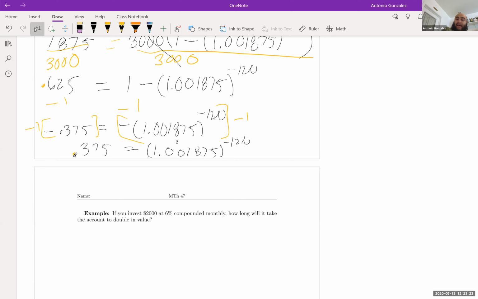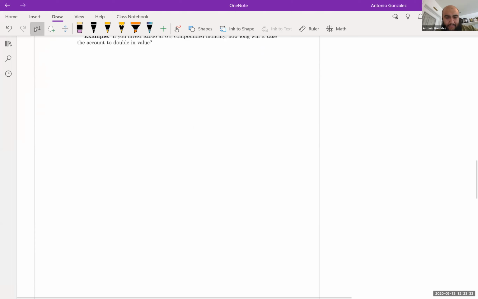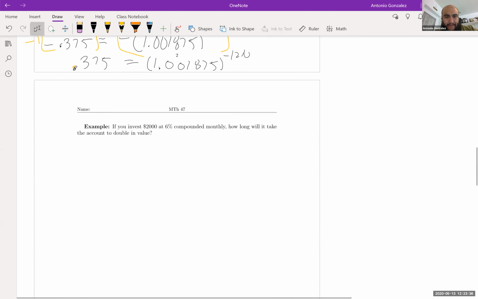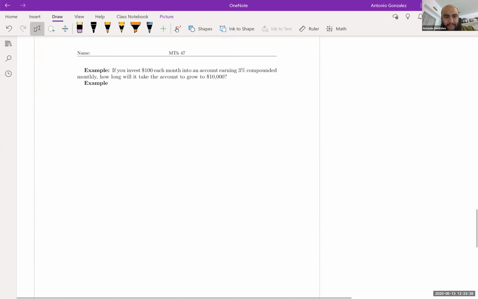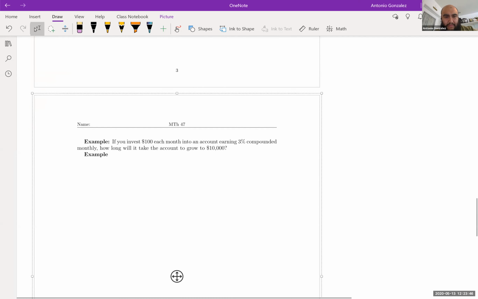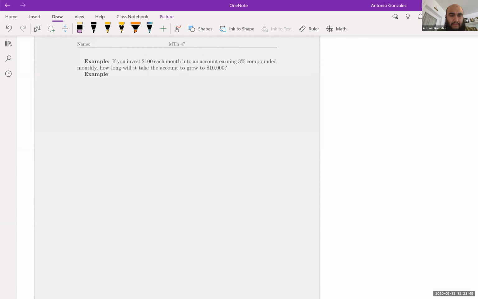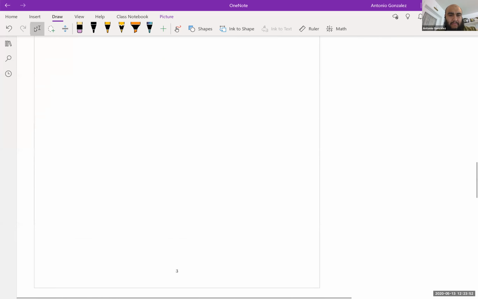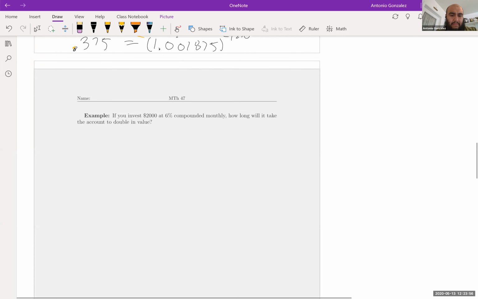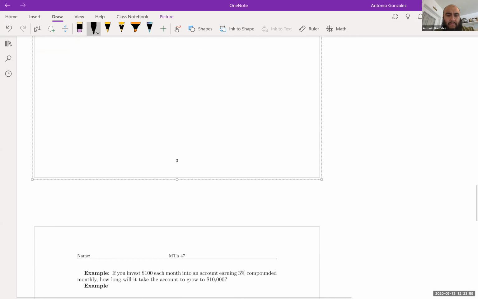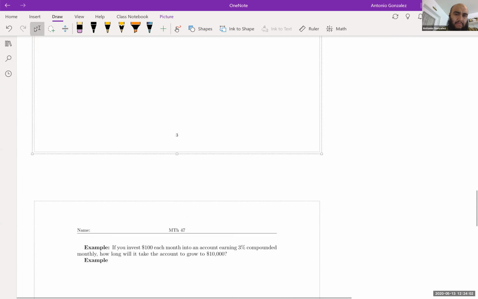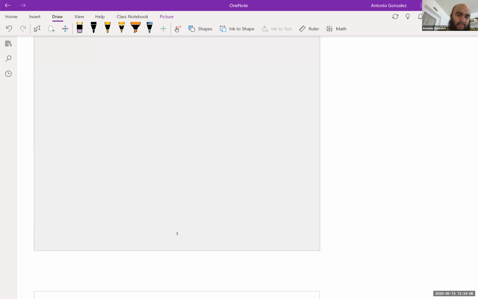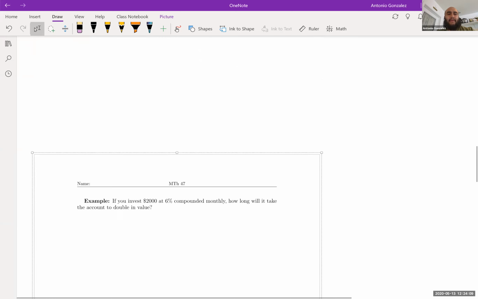All right, so then from here, now I'm ready to take the logarithm of both sides. I'm running out of space here, so I'm going to create some space. Okay, that should be enough there.